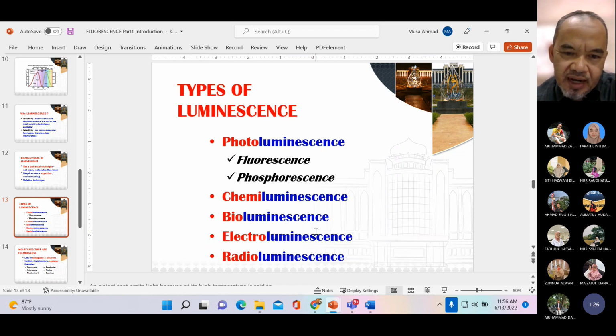Electroluminescence is when we apply electricity to some system and it starts producing luminescence. Radioluminescence is because we apply rays in the radio frequency wavelength; once this is absorbed, it produces radioluminescence.